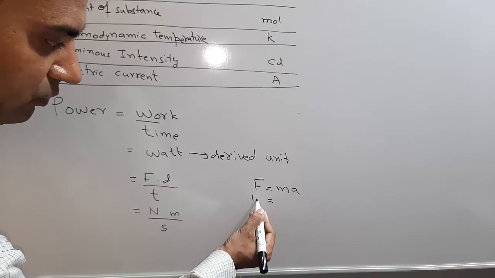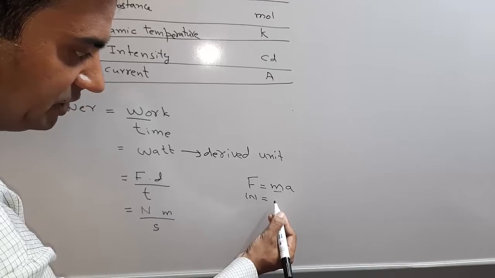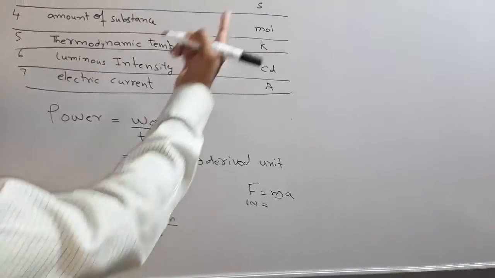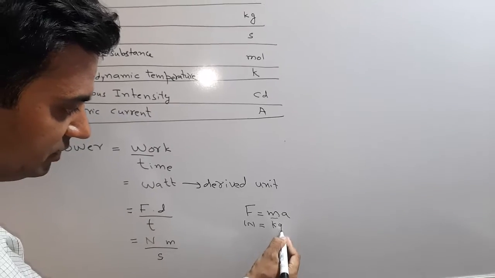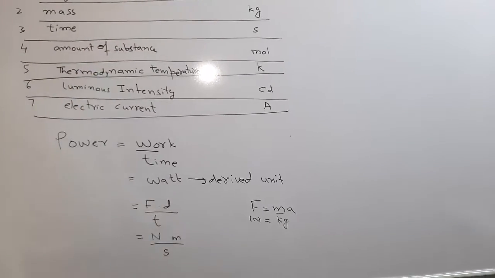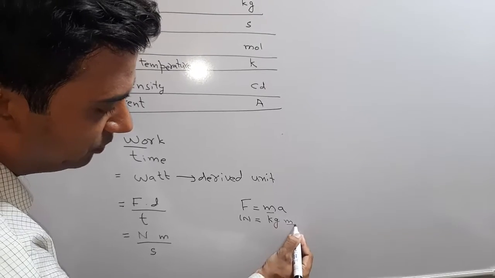So 1 Newton we can write as mass measured in kilogram, and kilogram is the base unit. You can see this. Acceleration has the base unit meter per second square.